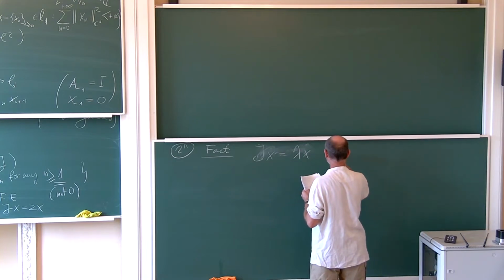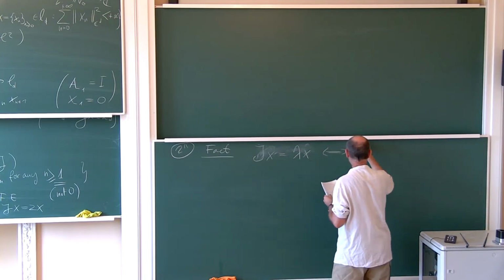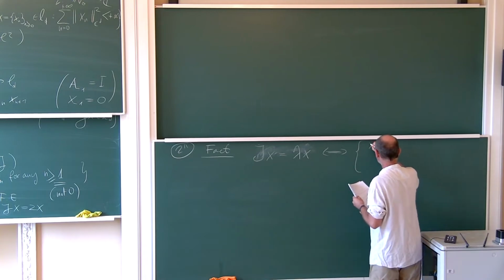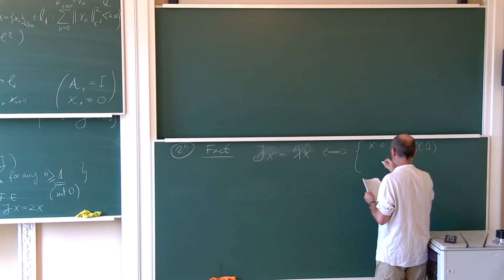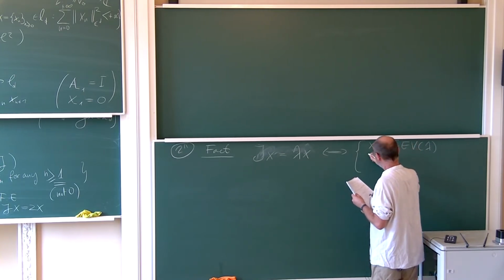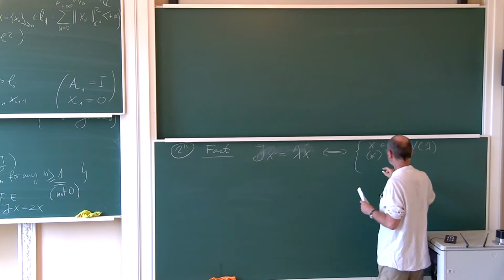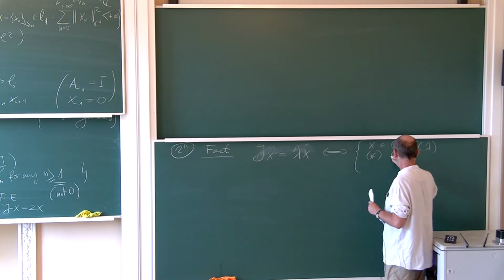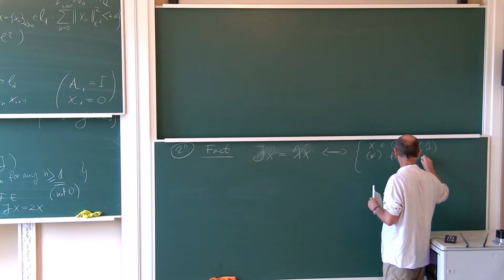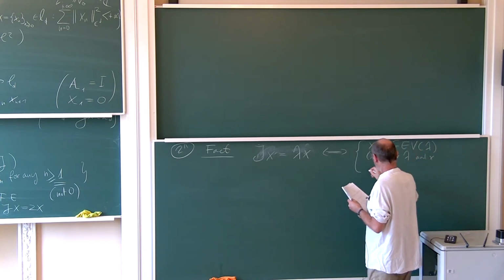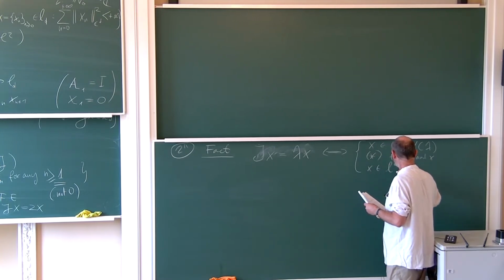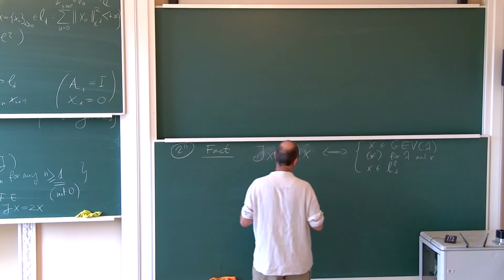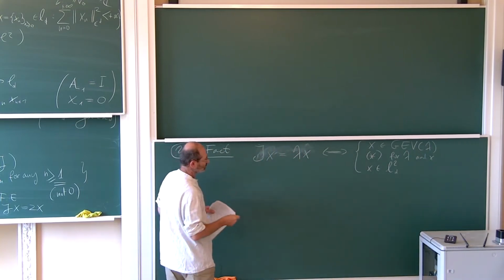So this condition is equivalent to the following conditions: x is a generalized eigenvector for lambda, the star condition holds for lambda, and x belongs to D. Why is this true?